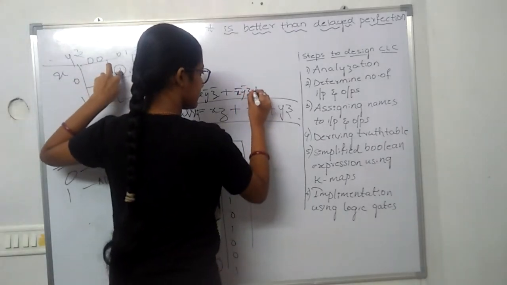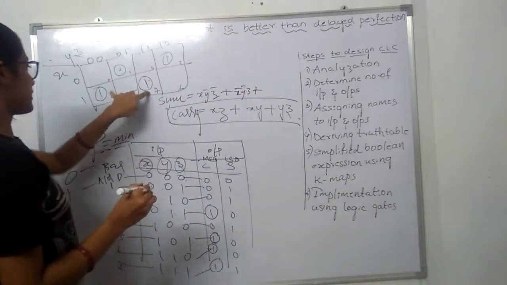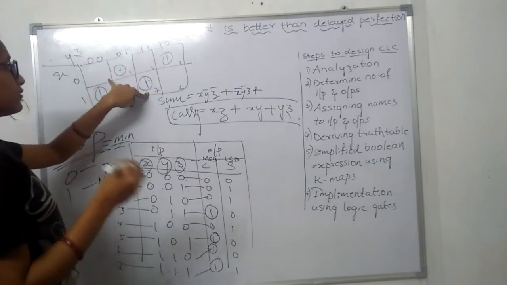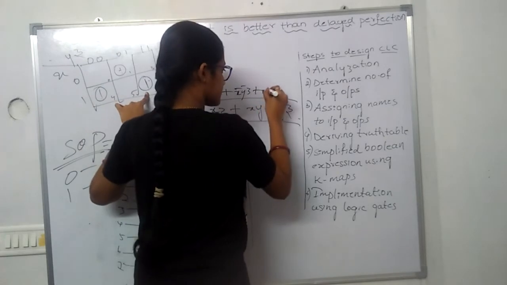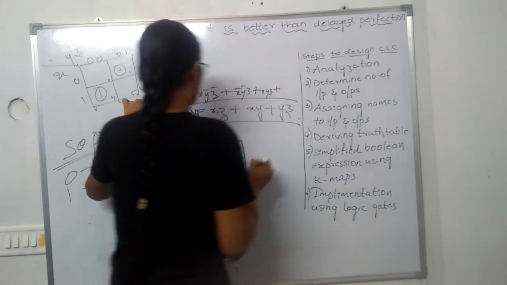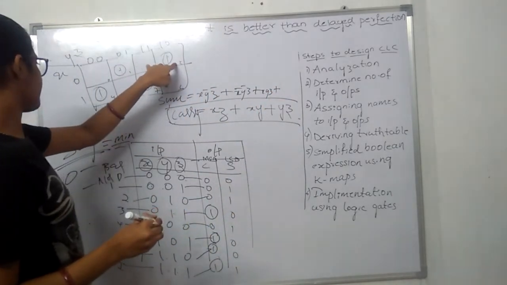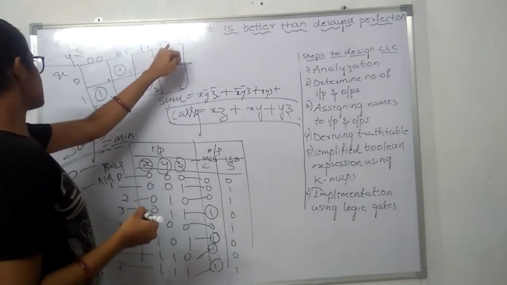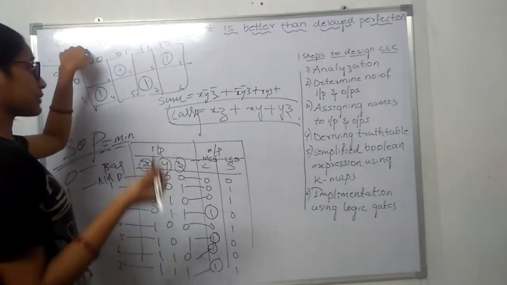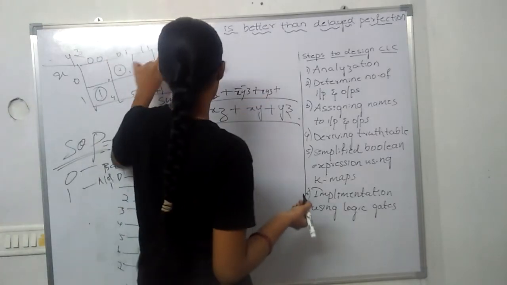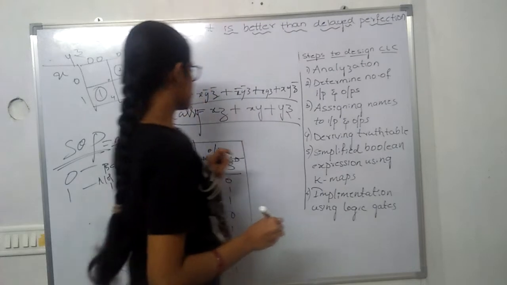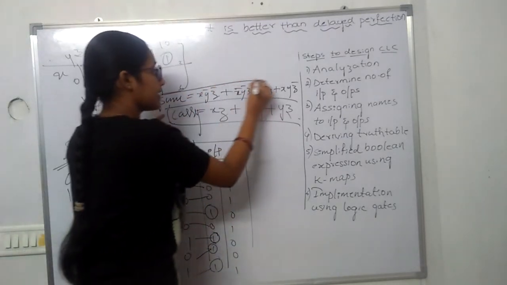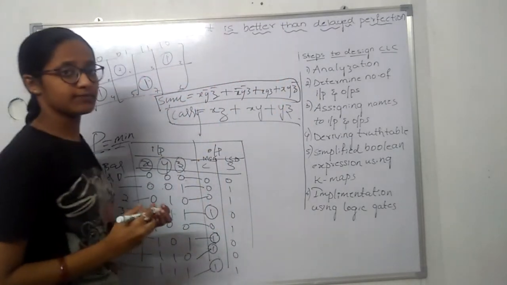Then next, 1, 1, 1, no zeros, no need to take any bars: x, y, z simply. The fourth term: 1, 1, 0, x, y, z bar as we have 0 here. So these are the simplified Boolean expressions that we got from the K-map.